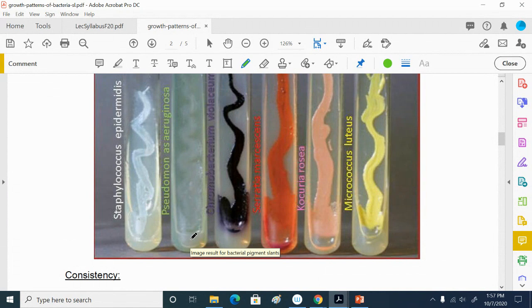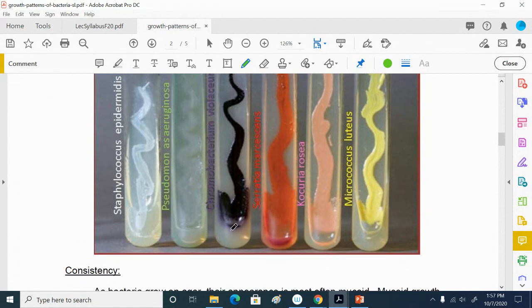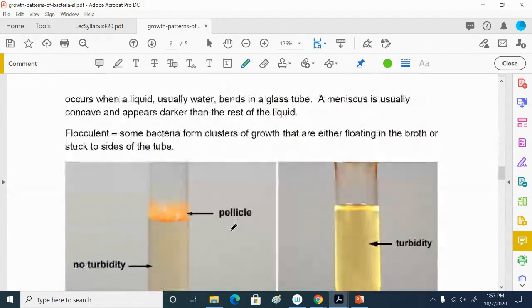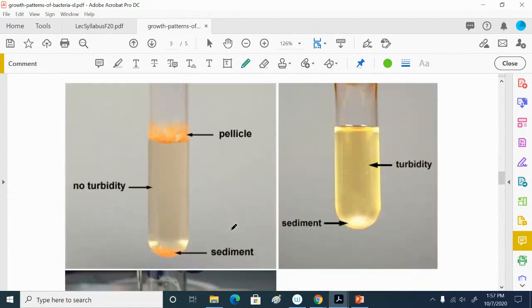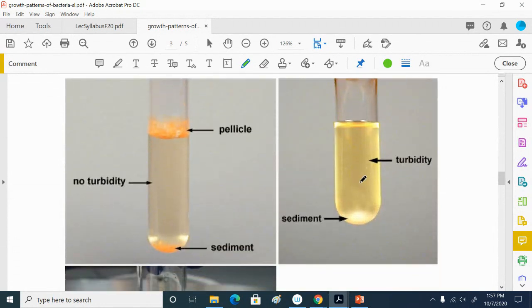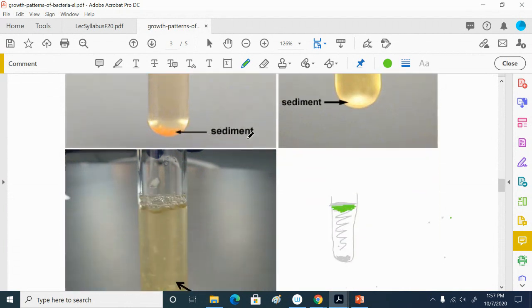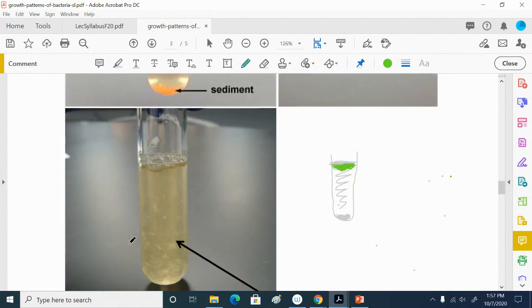Whenever you're looking at the agar characteristics, you look at the growth on the surface of the agar, not the liquid that has accumulated in the bottom of the slant. And for the broth characteristics, we have turbidity, sediment, pellicle, and flocculence. Right? See the little clumps of bacteria here?